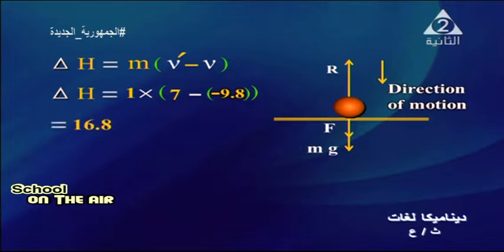Then delta P equals 16.8 kilogram times meter per second. Note that the mass is in kilogram and the velocity in meter per second.